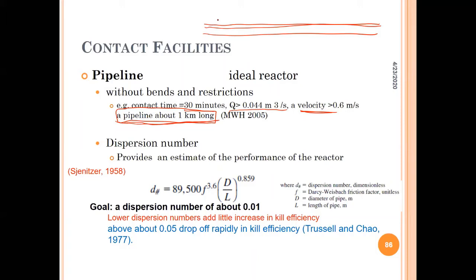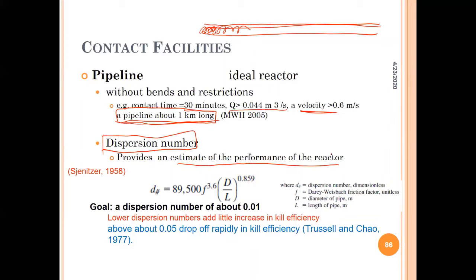But not everything is ideally plug flow. Some mixing, some dispersion occurs within the reactor. We have to consider the dispersion number, which provides an estimate of the performance of the reactor.